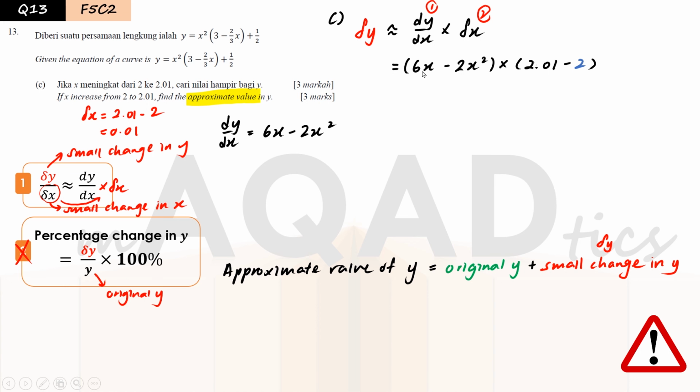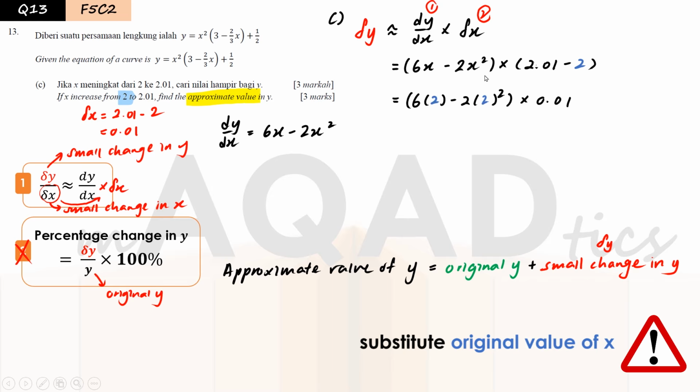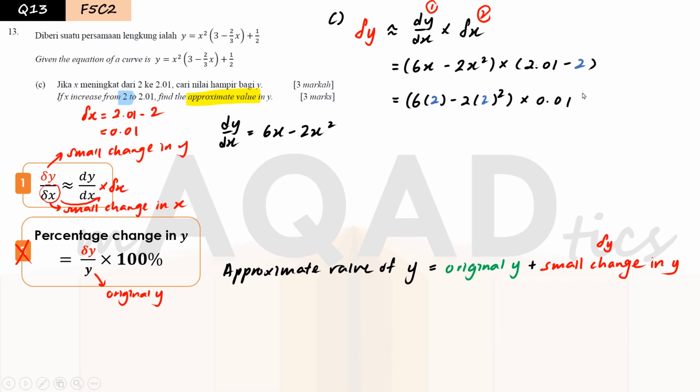So for this x, we need to change it to a value. But what value? For the x value, we can just use the original value of x, which is 2. We substitute it inside here, so all the x become 2. Once we simplify, this will be our small change in y, which is 0.04. This means that if we increase x by 0.01, y will increase by 0.04.